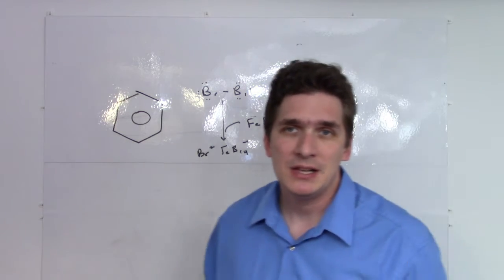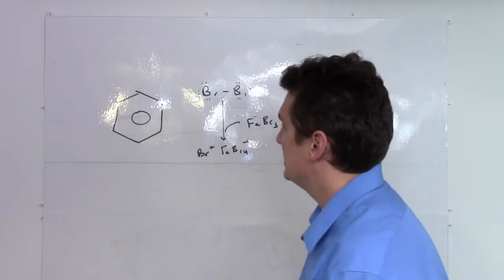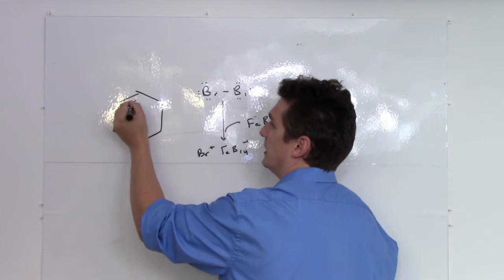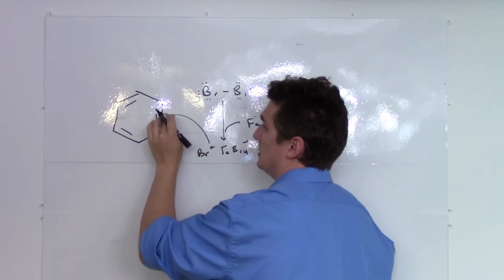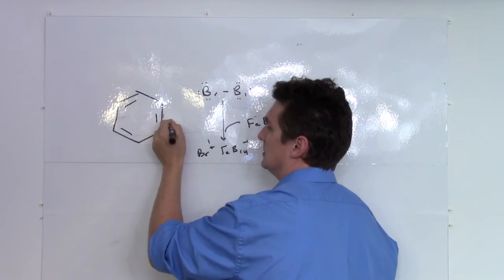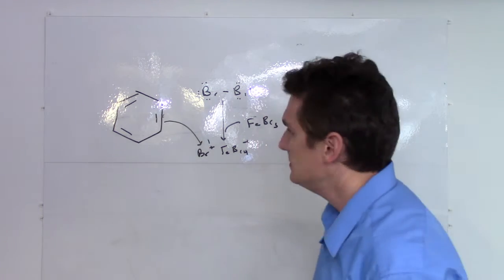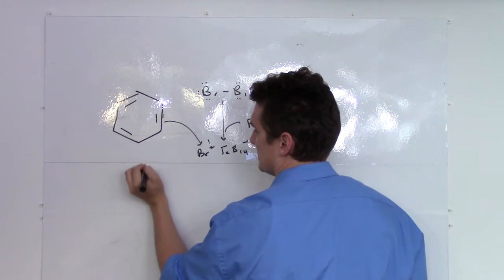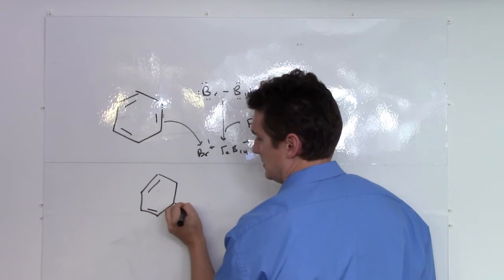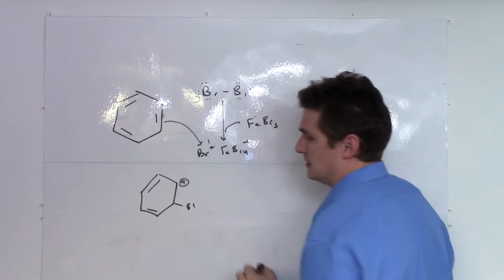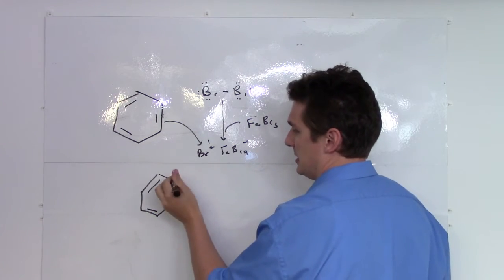This Br plus is the electrophile, and what it does, if I have to fully write it out, is that it will attack, well, it's attacked by our ring to initially give us this complex.